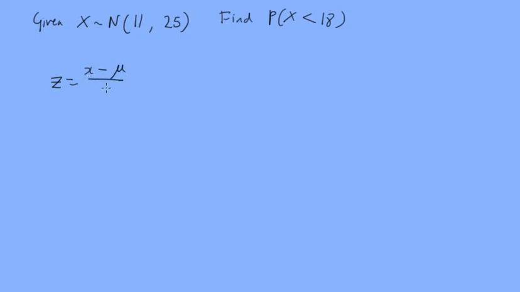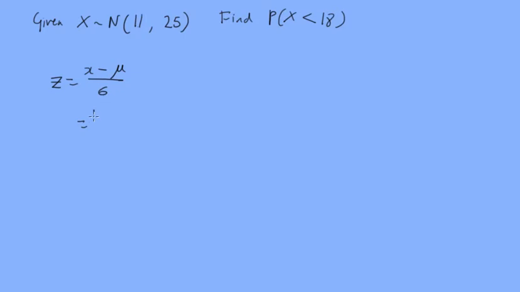So let's do some examples of how this is going to work. So we're given that x is a normal distribution with mean 11, variance 25, and we want to find the probability that x is less than 18. So z is going to be our little x minus mu over the standard deviation.